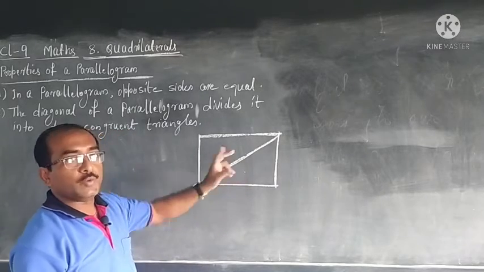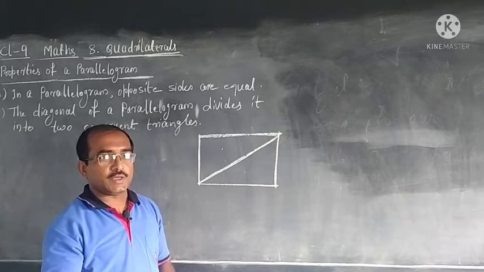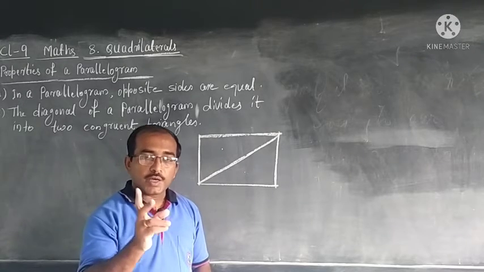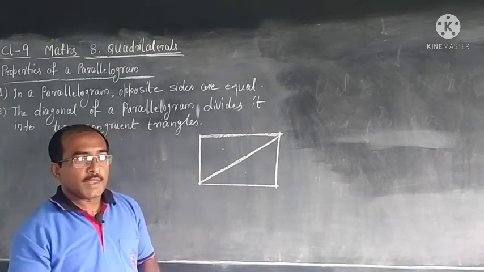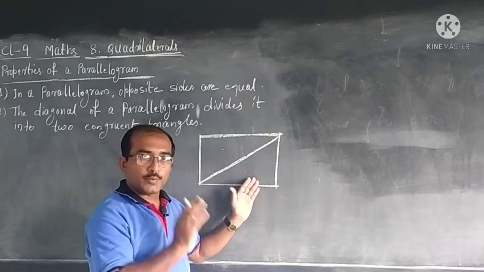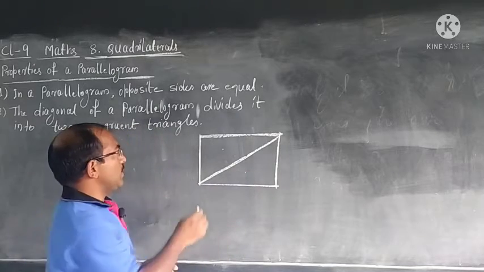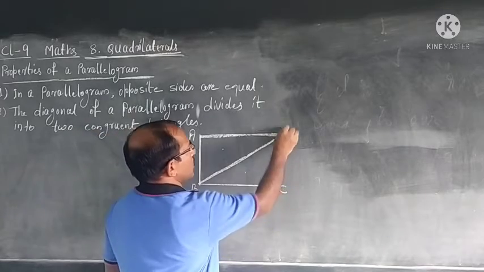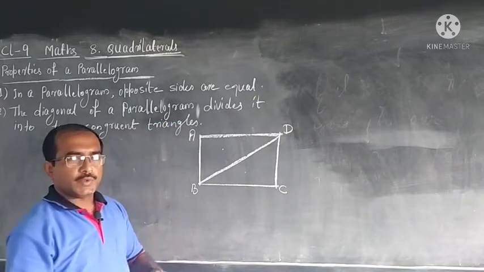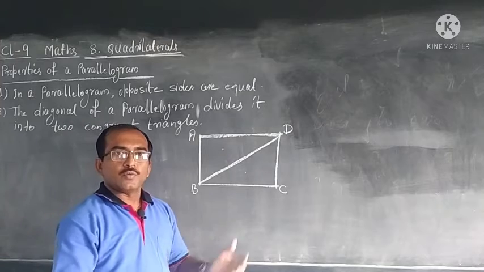These two triangles will be congruent. In the congruency chapter you have studied that congruent triangles are exactly equal. Do you agree? If not, we can prove it. If such questions come to our mind about how these two triangles are equal, we can go for the proof.